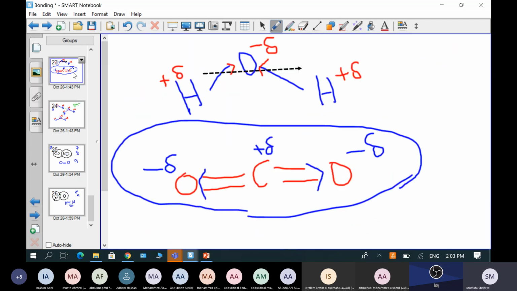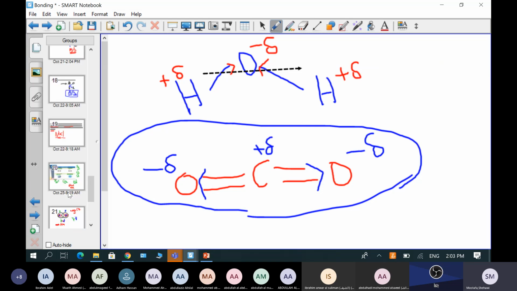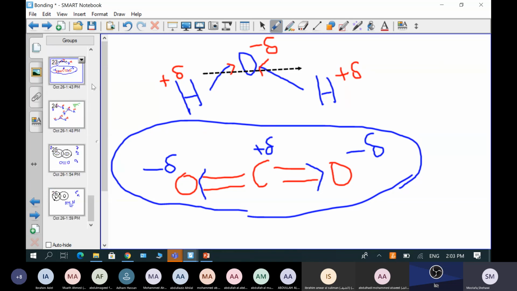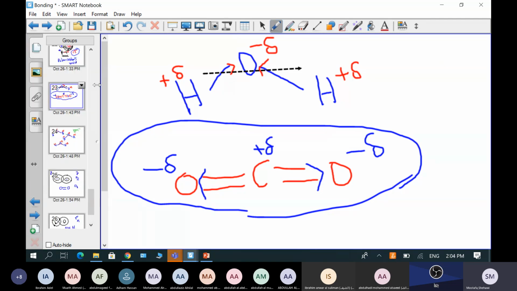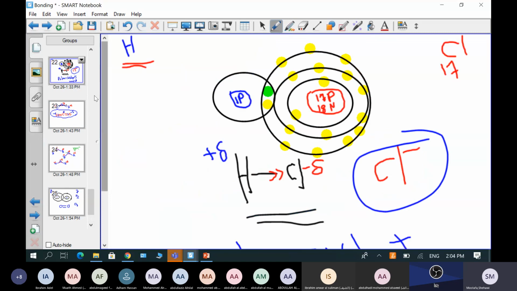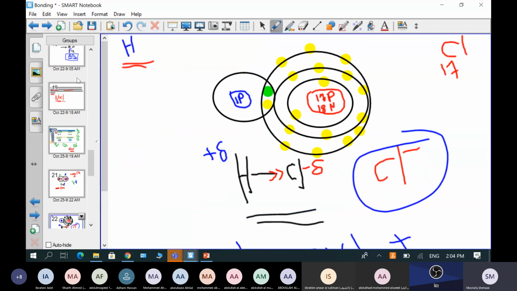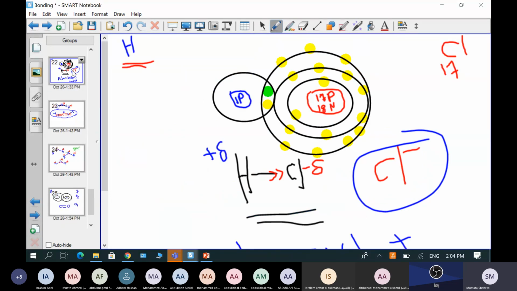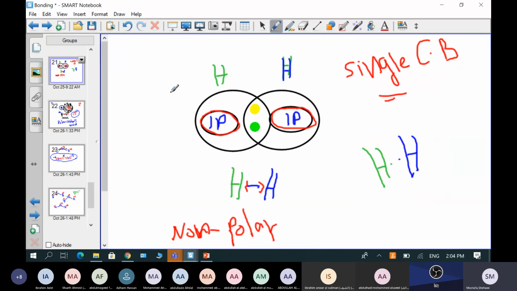And we talk about polarity. We said that in the hydrogen molecule, like this one, the covalent bond is non-polar because they have the same attraction.